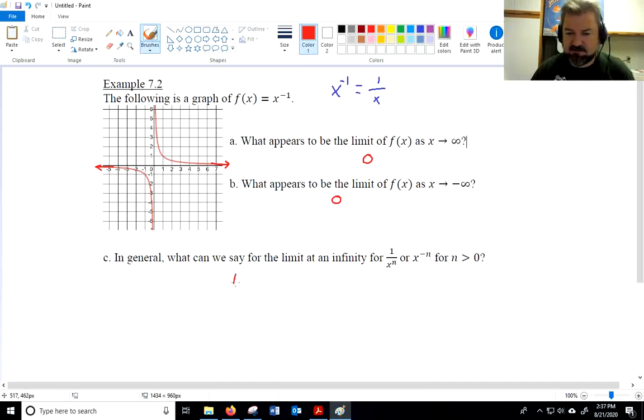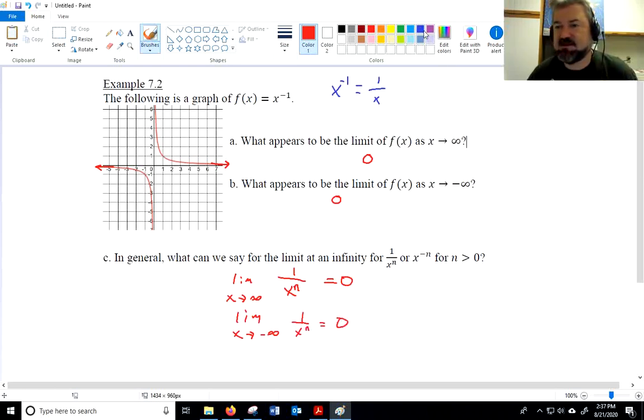That limit, as x goes to infinity, of 1 over x to any positive power, has got to be 0. Likewise, as x is approaching negative infinity.